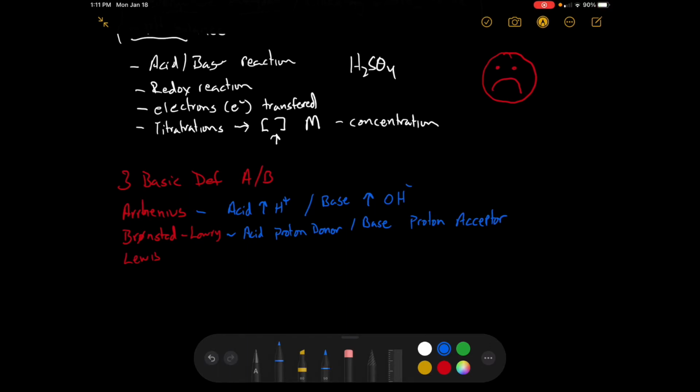Lewis at that point said that an acid is an electron acceptor. Make sure that you see the difference there. An electron acceptor, and then a base is an electron donor.